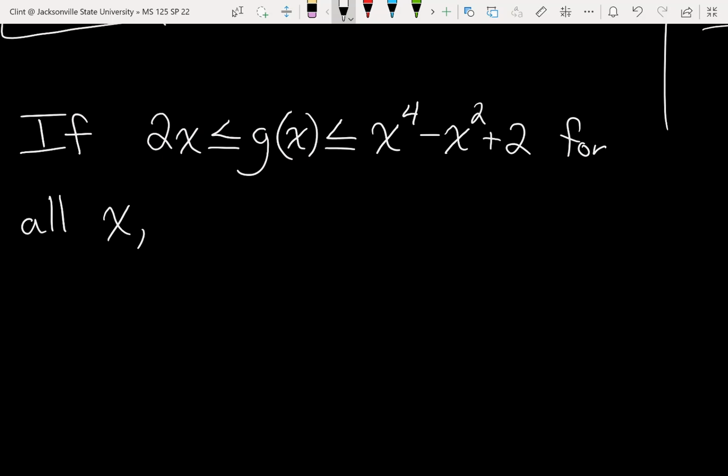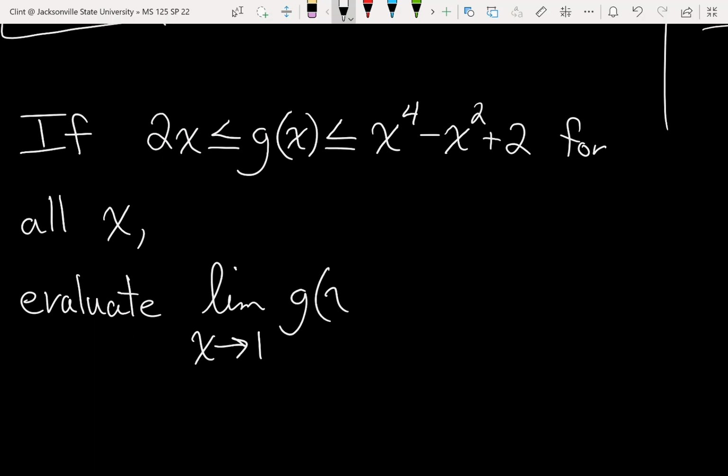If that's true, find the limit as x approaches 1 of g of x. If you don't remember all the theorems we had, that might be mind-blowing. Like, you don't even tell us what g of x is. How are we supposed to know? That theorem we had right at the end?